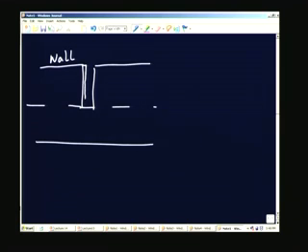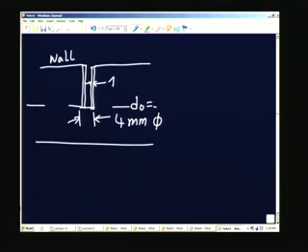It is made of a material with a certain wall thickness, 1 millimeter, and this is 4 millimeter diameter, if I call it D0, outer diameter, and the wall thickness is 1 millimeter, and this depth of immersion is 50 millimeters.